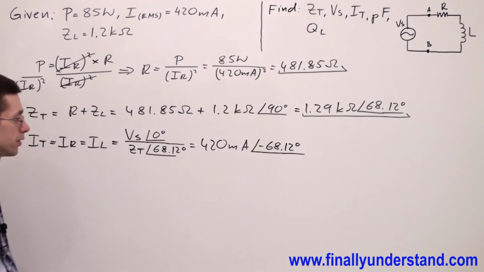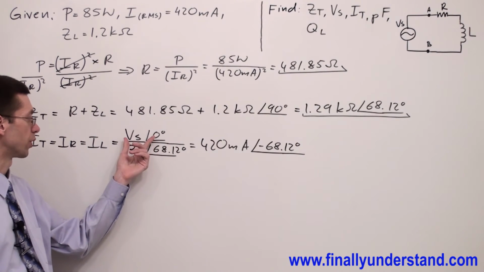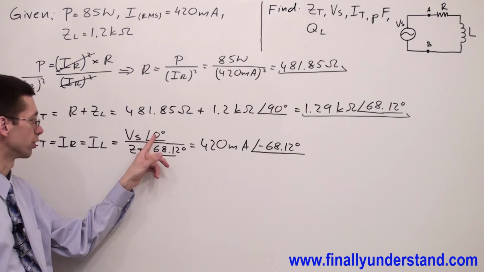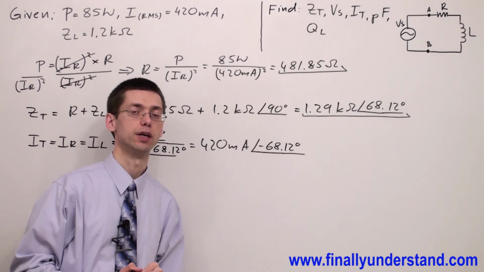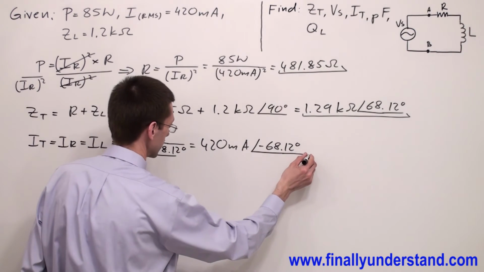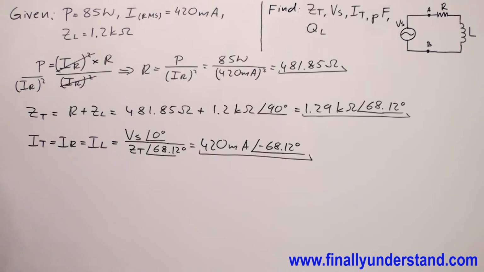Keep in mind that anytime you divide complex numbers expressed in polar form, you're supposed to subtract the angles. So 0 minus 68.12 is equal to negative 68.12 degrees. And this is my complete value of current.